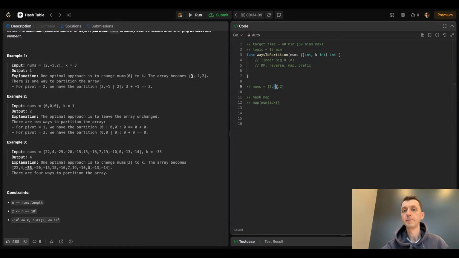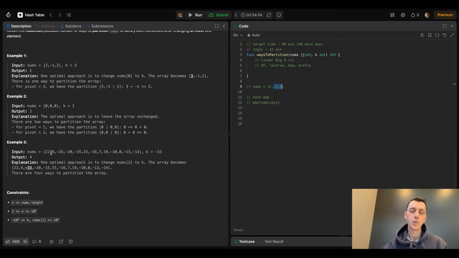Right? Yeah, but when we check the partitions, we don't have to do it for every number.